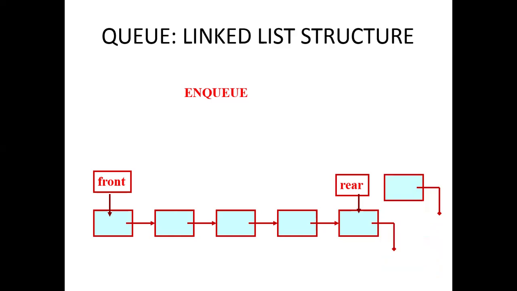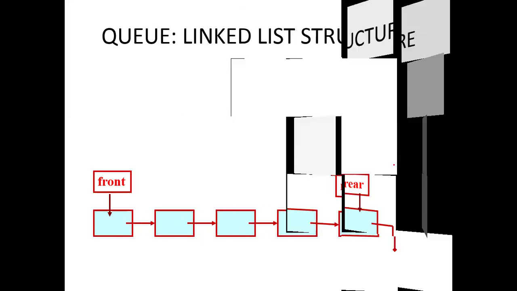The next pointer of the rear end will point to the new element, and the rear name will be changed to the new element. So now this will be your rear.